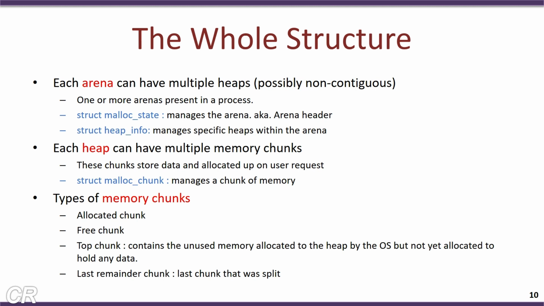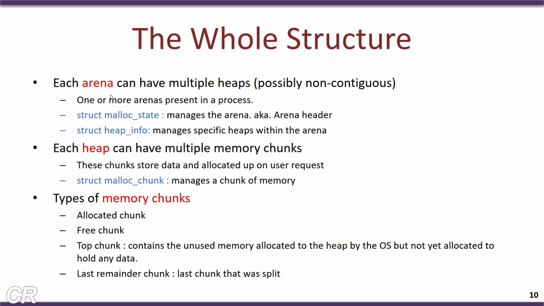As we know, one of the main components in the heap memory is the arena. So we have the main arena, which is used by the main thread of the program, and you could have various thread arenas corresponding to each thread that the process invokes. Therefore, in one process we could have multiple arenas.